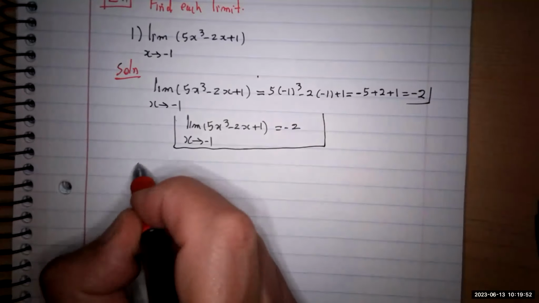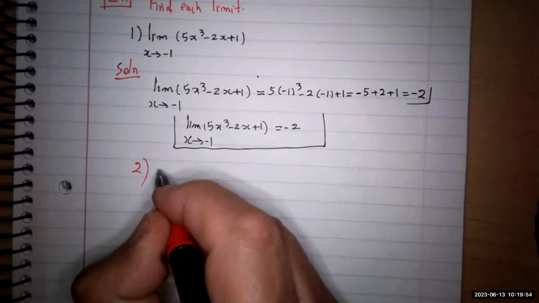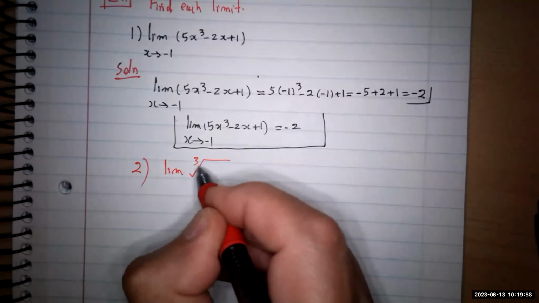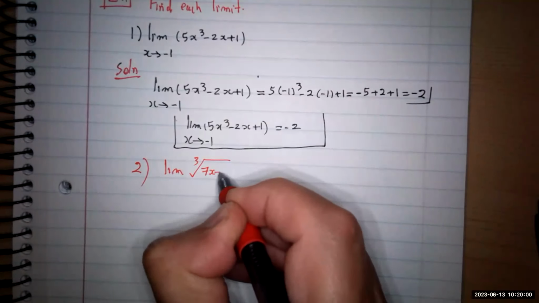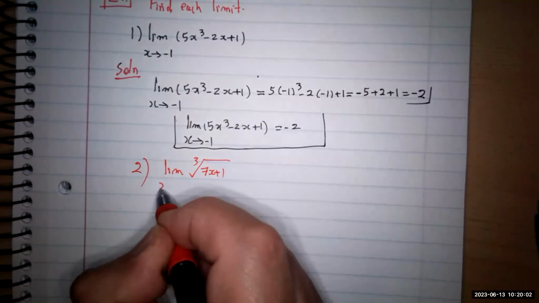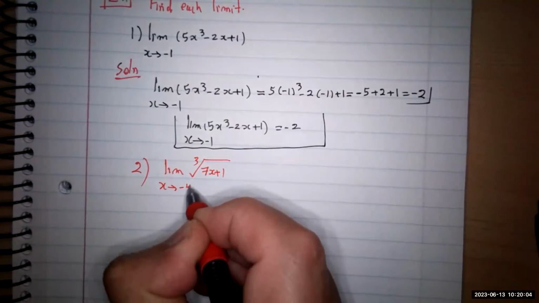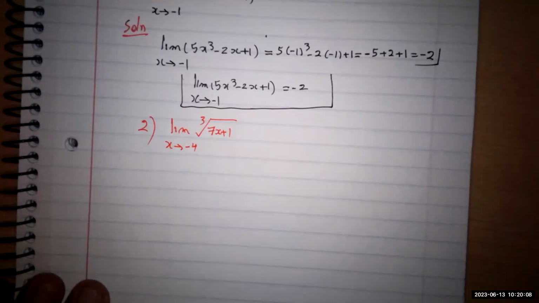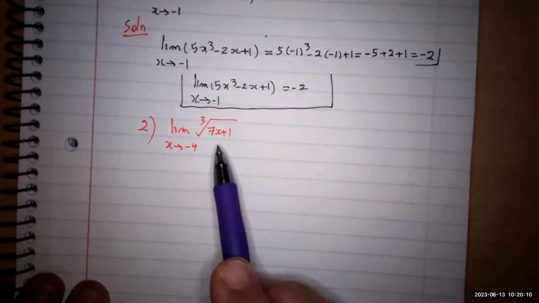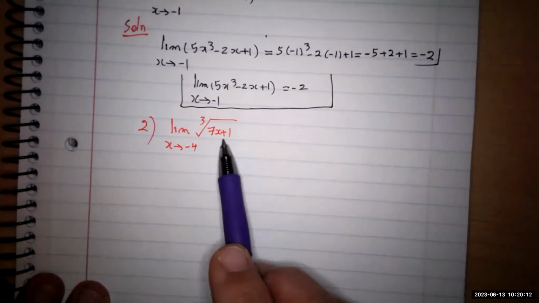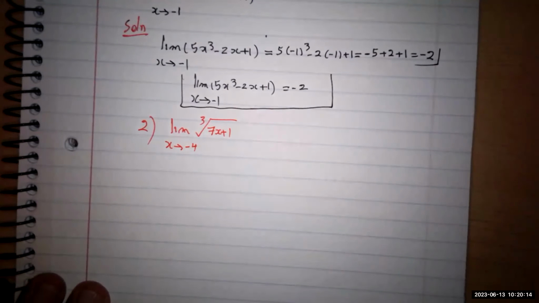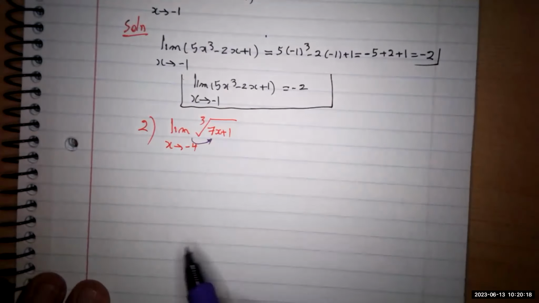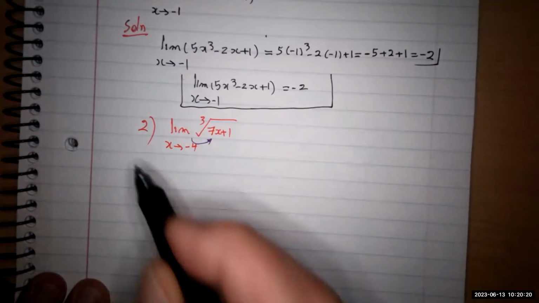What's the second one? Radical: the limit of the cube root of 7x plus 1 as x goes to -4. For a radical function, if you want to find the limit, you have to take the limit inside. So this is going to be the solution.